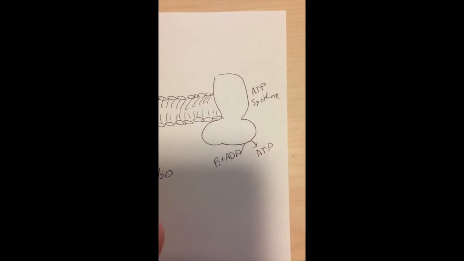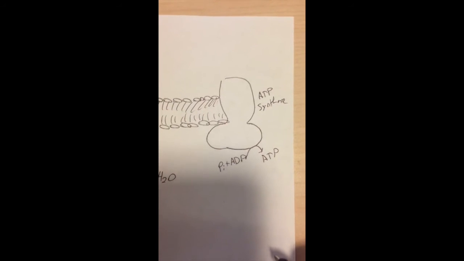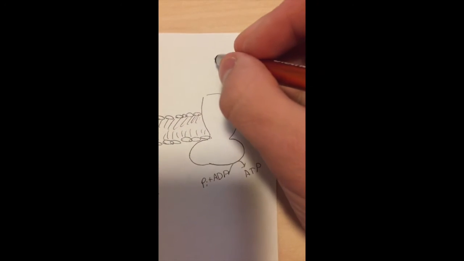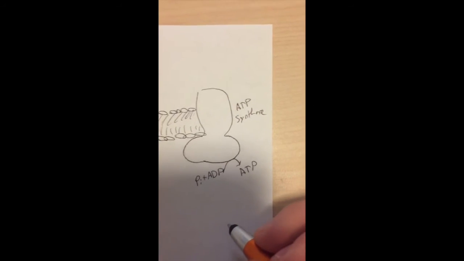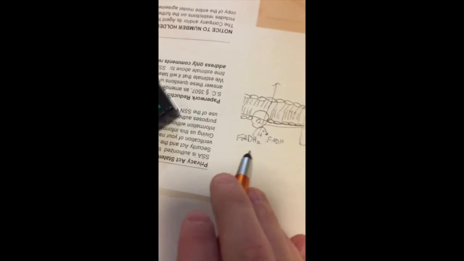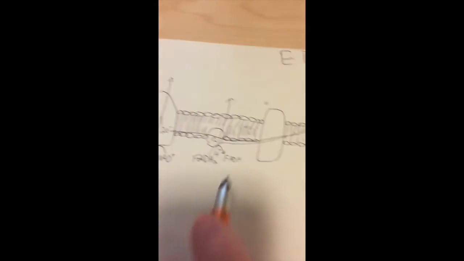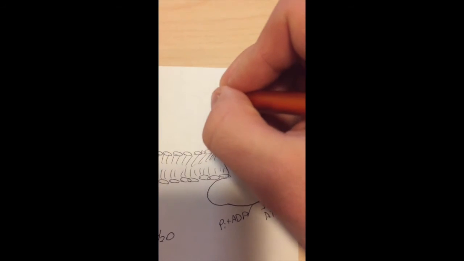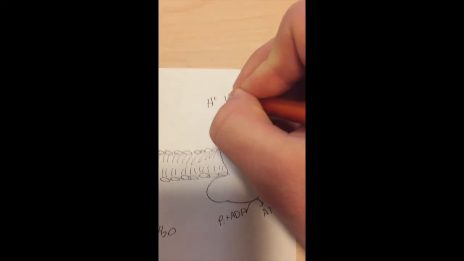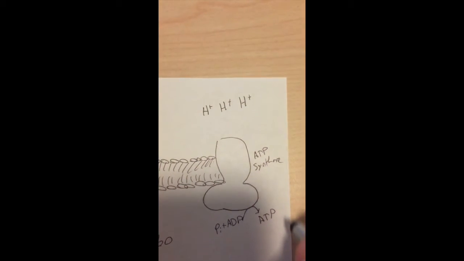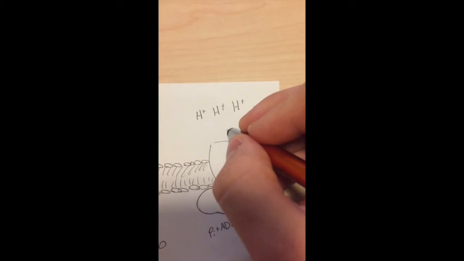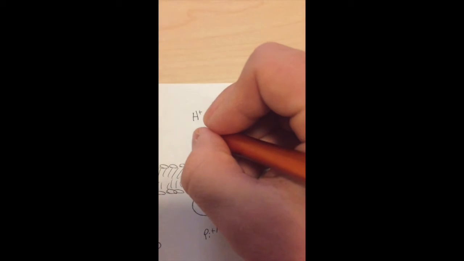But in order for this to happen, it needs the entrance of H plus back into the matrix. Like I said, we keep shooting the H pluses out of the matrix into the intermembrane space, so there's a high concentration of H pluses outside the matrix, causing an electrochemical gradient.